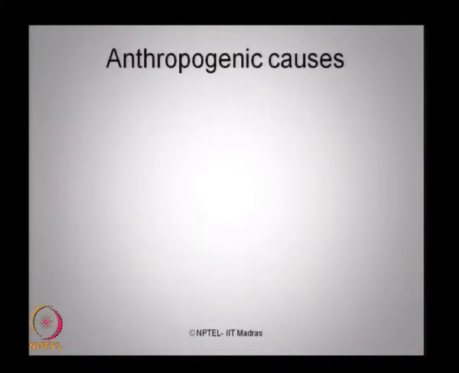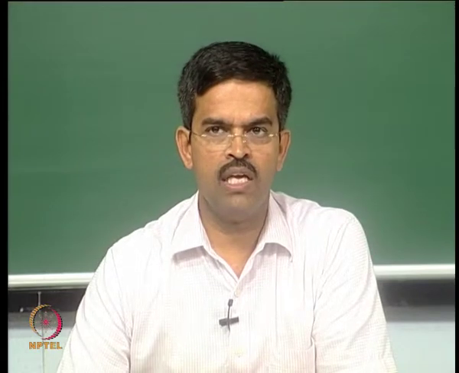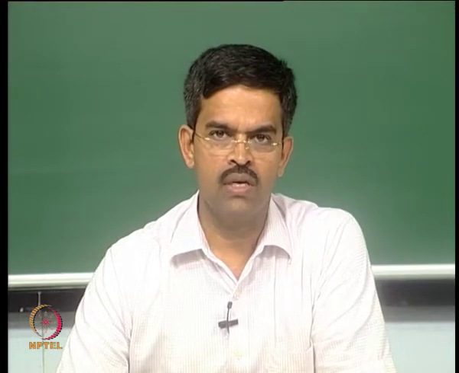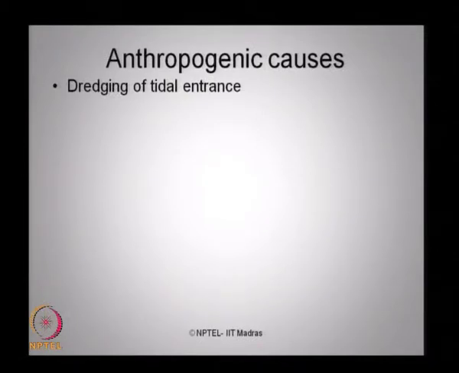If you look alternatively at the anthropogenic causes which are responsible for coastal erosion, they can be listed as follows, as seen in the slide. Essentially and primarily, the first reason for coastal erosion predominantly seen in practical problems is dredging at the tidal entrance.